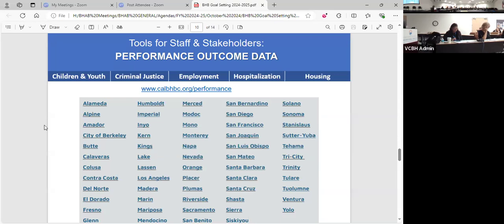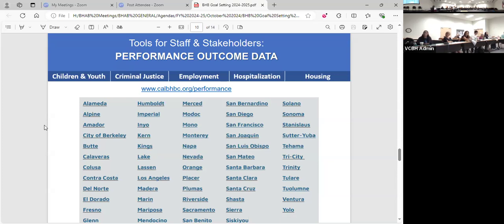Criminal justice, usually the measures are around reducing arrests and reducing incarcerations for people that have been involved in the criminal justice system. And then employment, that's measures around competitive employment or education related to vocation for people that are being served by the behavioral health agency.